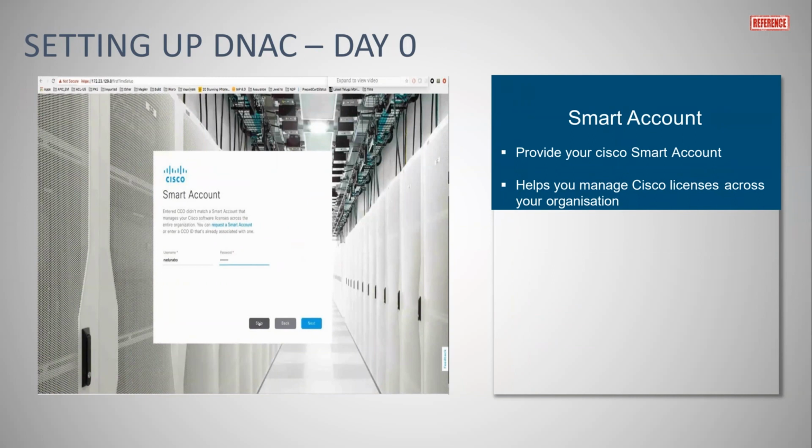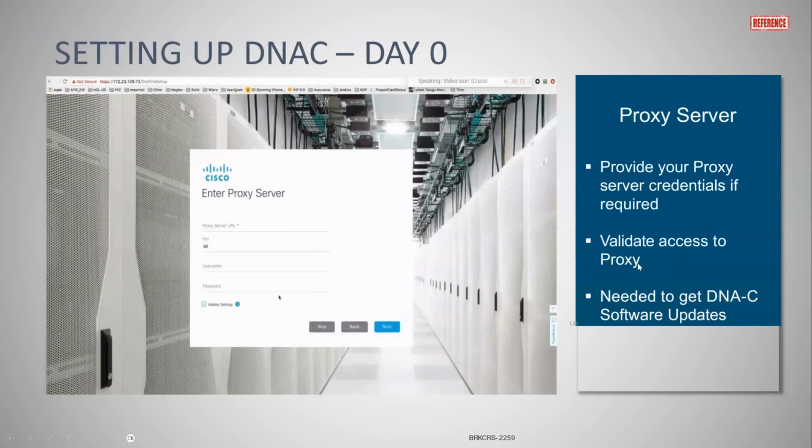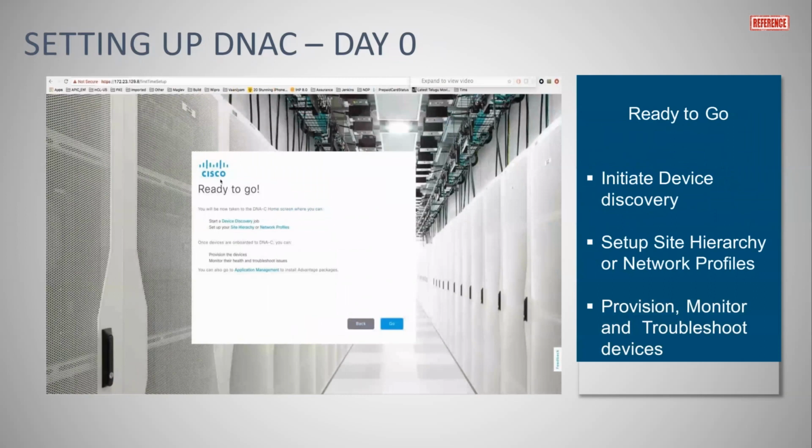Now, if you want to integrate with IPAM, you can give the IPAM information, like Infoblox or BlueCat IPAM. If you have a proxy server, you can give that proxy server information. Like that, it will ask you all this information.